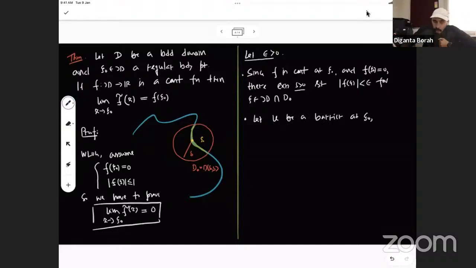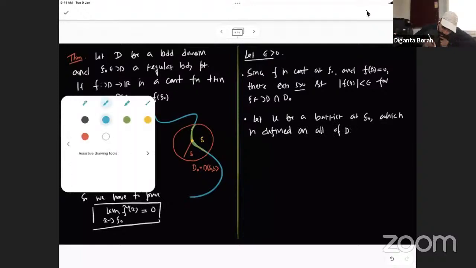And by our remark, we can assume that it is defined outside. Let's write down the properties that we have in hand.